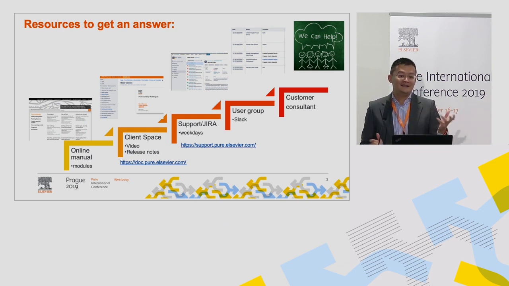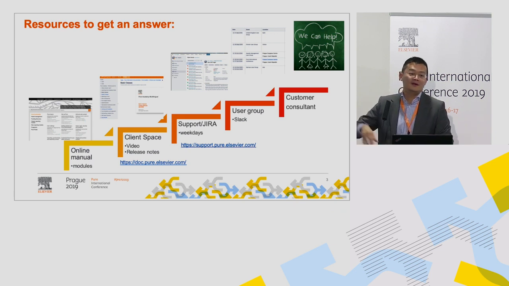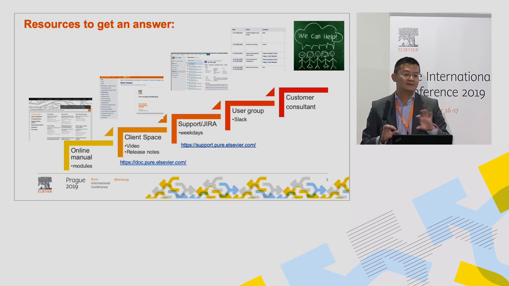So basically, that's the first-hand resource. When you first get your hands on Pure and you don't know how it works and you want to play with it, go to that online menu. We have the latest information updated over there, so you can find the basic information on all the terms and features. The next one is client space.